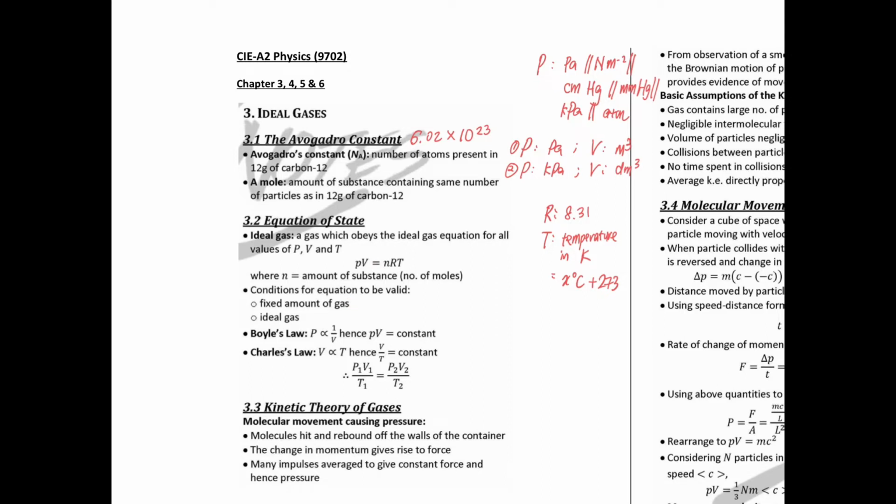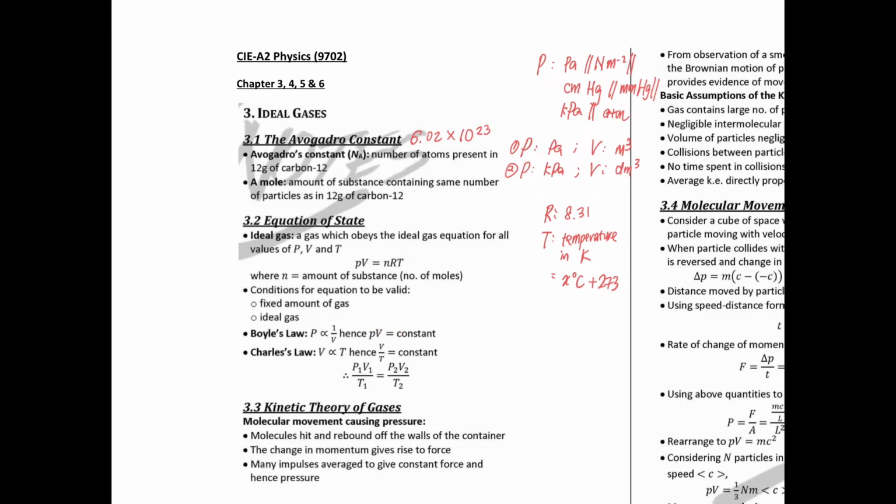Now, Boyle's law. Boyle's law is where they said the pressure is inversely proportional to the volume. So Boyle's law is something which is supposed to be common sense. When you press the gas, its volume decreases. So Boyle's law, PV equal to constant. How do we get that?